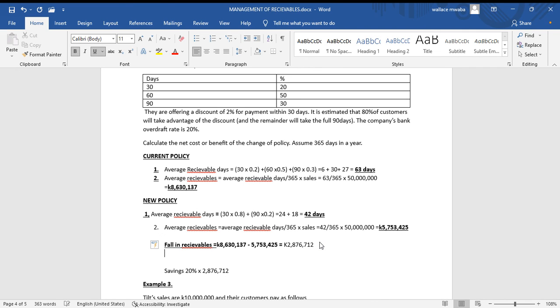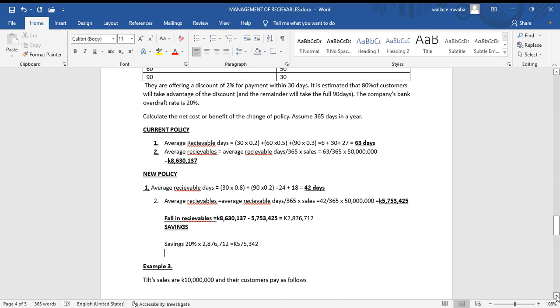We get 575,342. That is what we are going to save. That's the benefit. Now let's evaluate the cost.